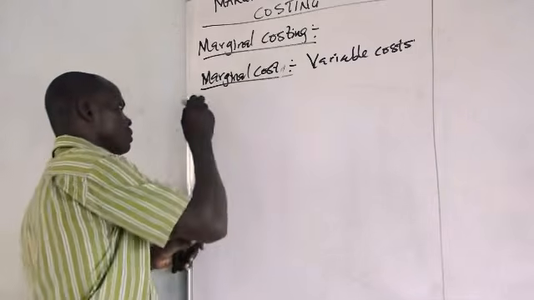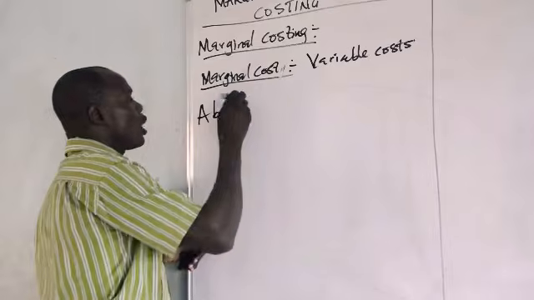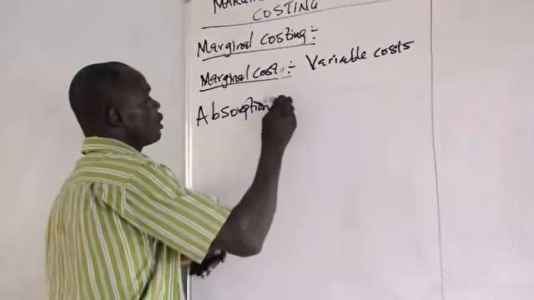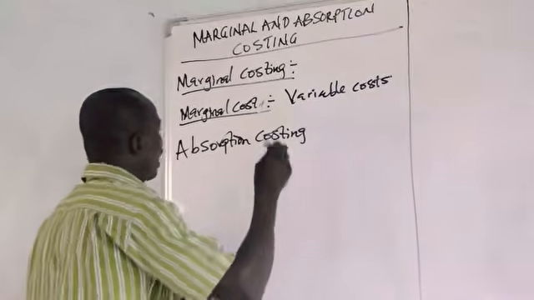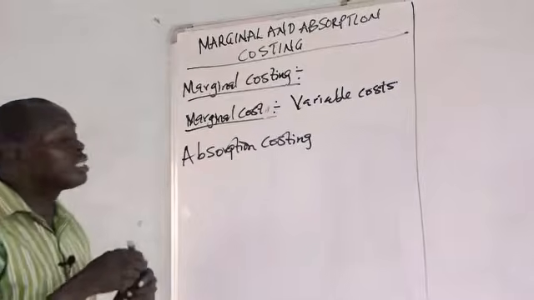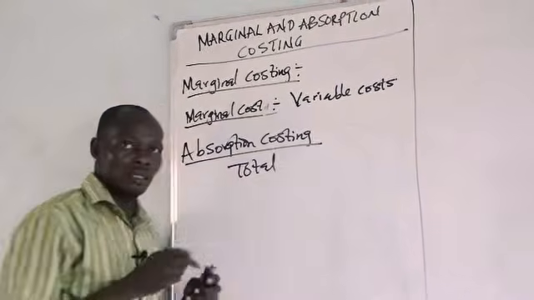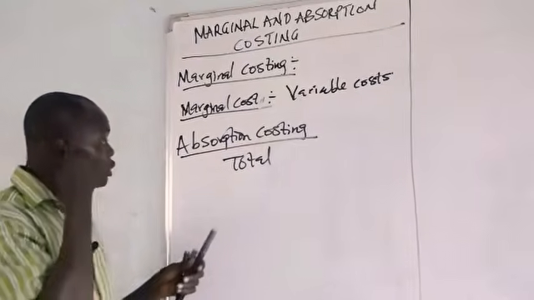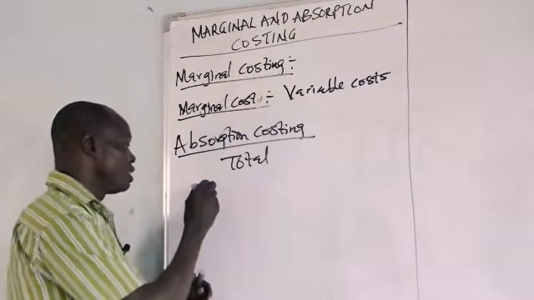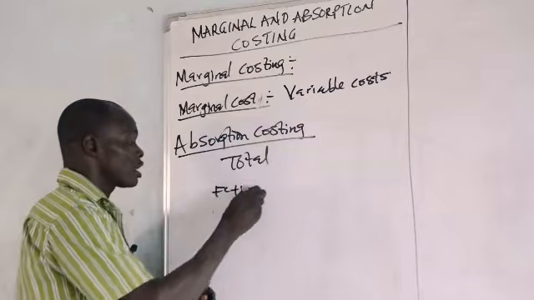Absorption costing. Absorption costing is a total costing technique. By total cost, we mean the fixed cost plus variable cost.